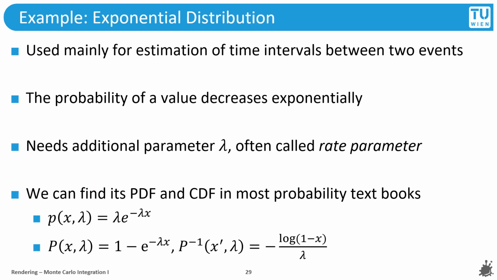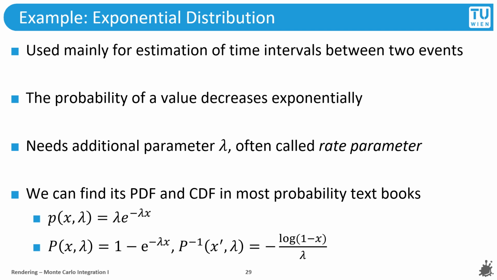And as a first small example, we will look at the exponential distribution and we will try to simulate it with the canonical random variable as input. Now, the exponential distribution is used mainly for the estimation of time intervals between two events. The probability of observing a particular value decreases exponentially. And there's also an additional parameter lambda that is often called the rate parameter.